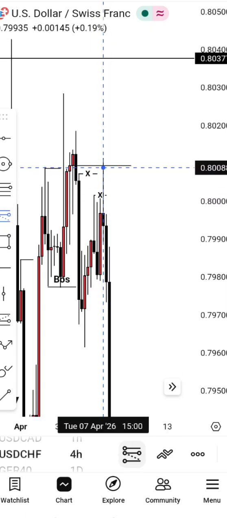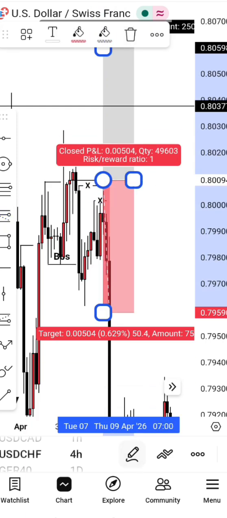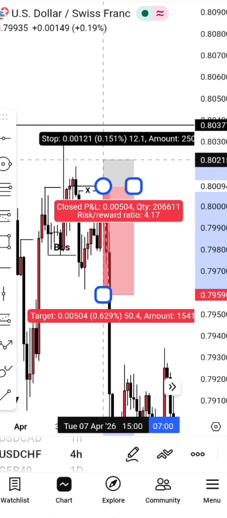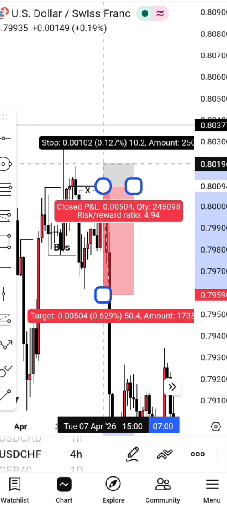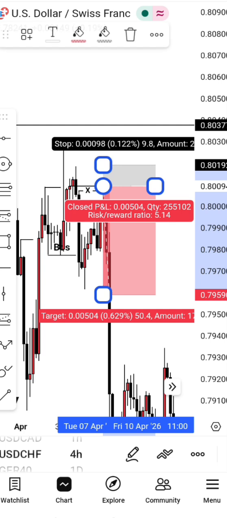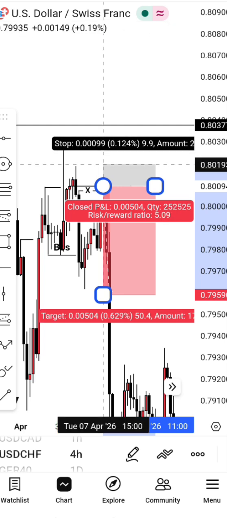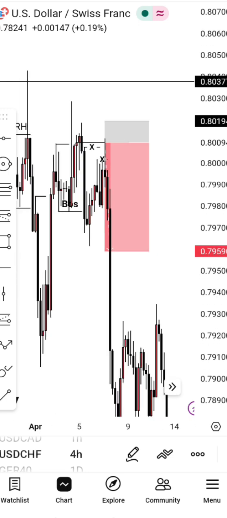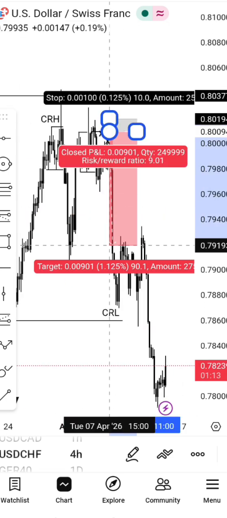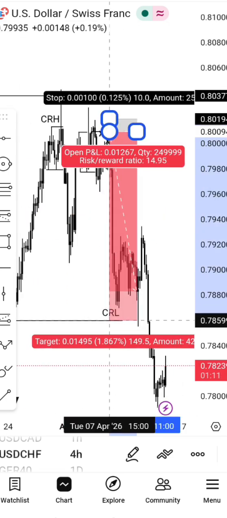You want to take your entries from the key level closest to the liquidity to avoid missed entries. And then I placed my stop loss above this high, for exactly 10 pips. And then my target was initially at this candle range low.